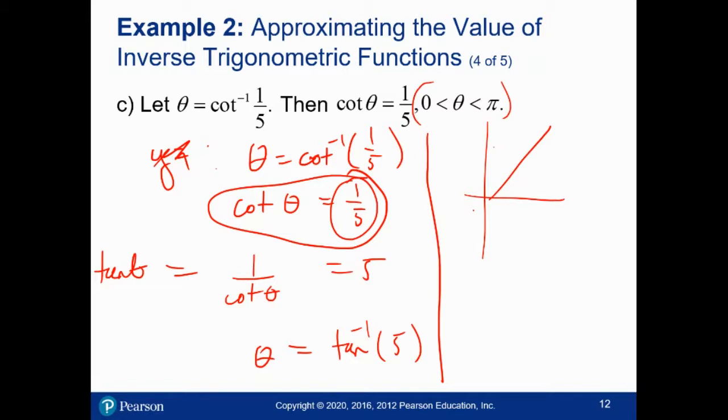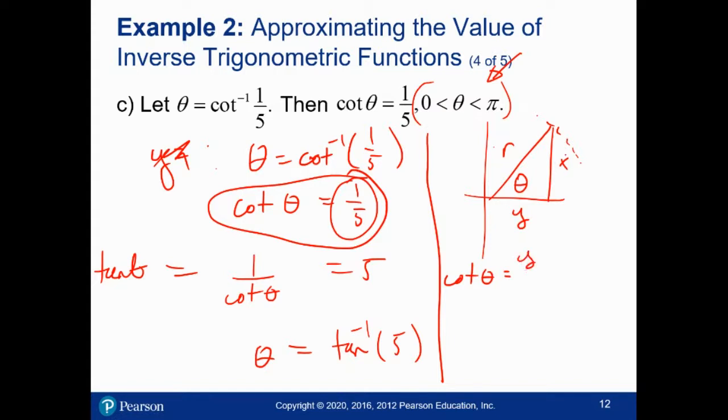So since the cotangent of theta is positive, and I know theta is either in quadrant 1 or 2, I must be in quadrant 1. So what I have is an angle theta, an x, a y, and I'll put this in a circle that isn't the unit circle. Let's just call it a circle of radius r.